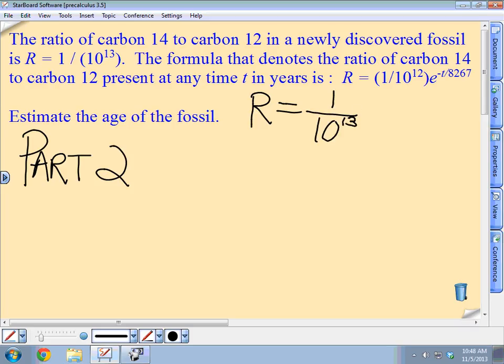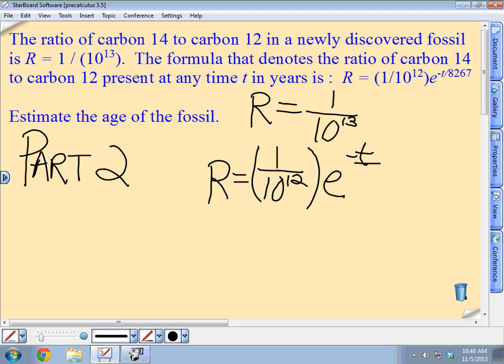The formula that denotes the ratio of carbon-14 to carbon-12 present at any time in T years is R equals 1 over 10 to the 12th times e to the negative T divided by 8267.